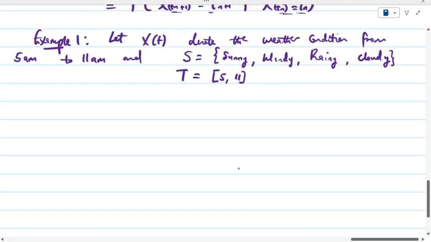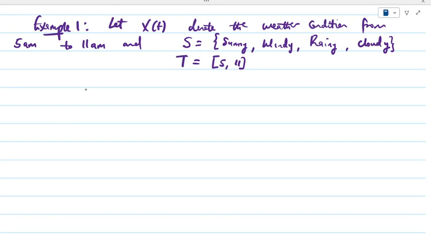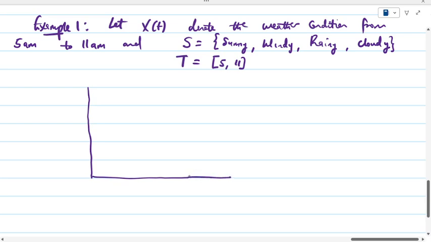So graphically, we can illustrate this. Let this be our time in hours, and here be the state space of our S of t.